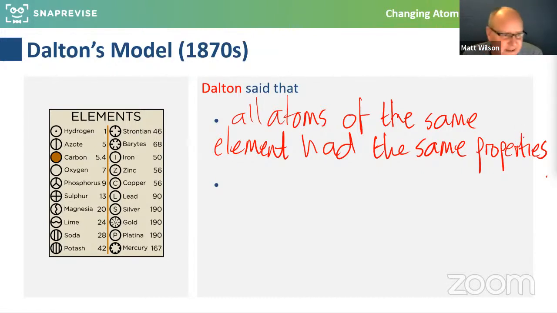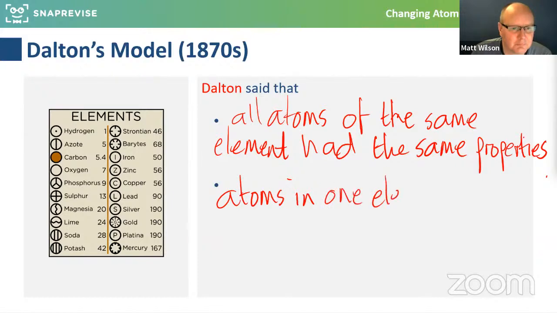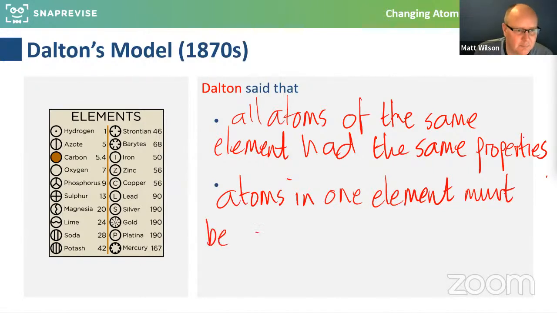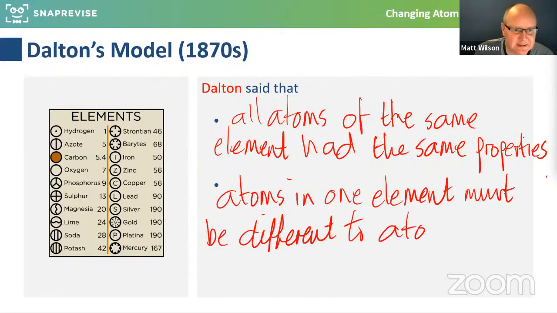He also suggested that it was logical that atoms of different elements with different properties must therefore be different to atoms in other elements.